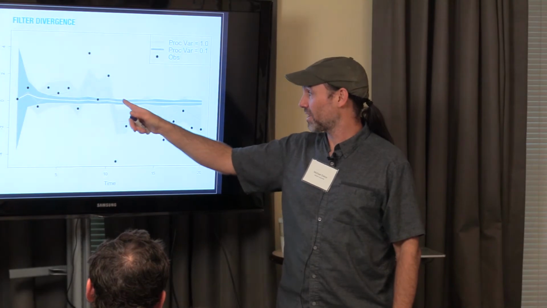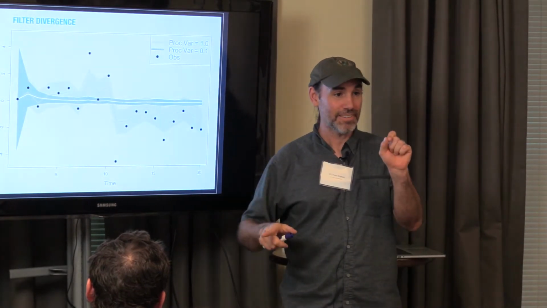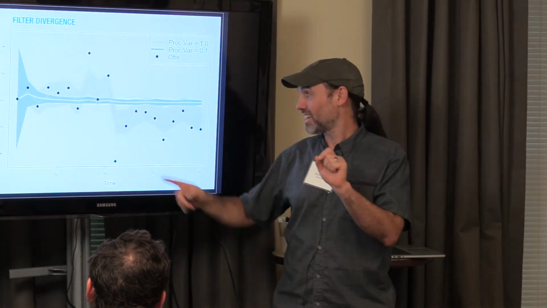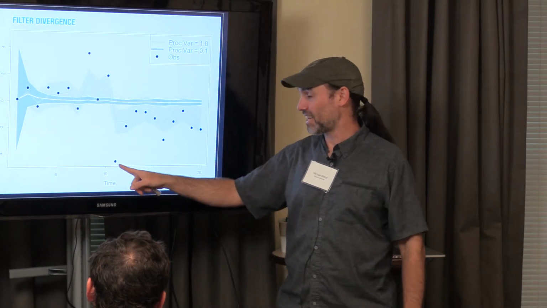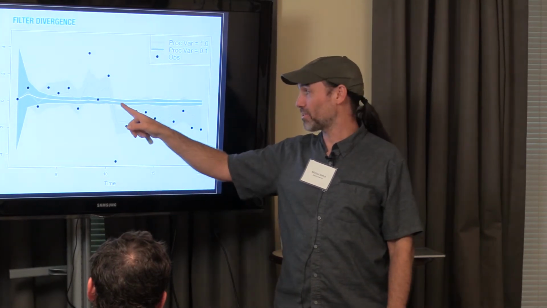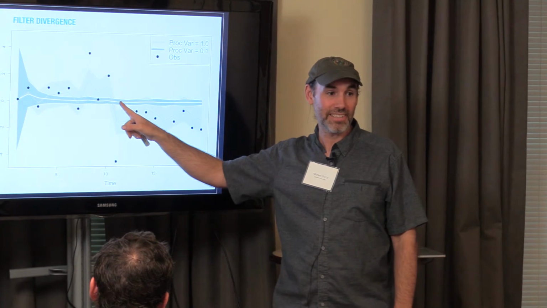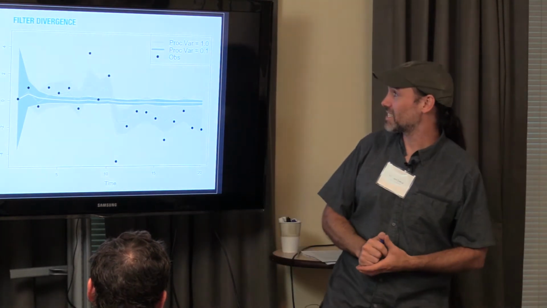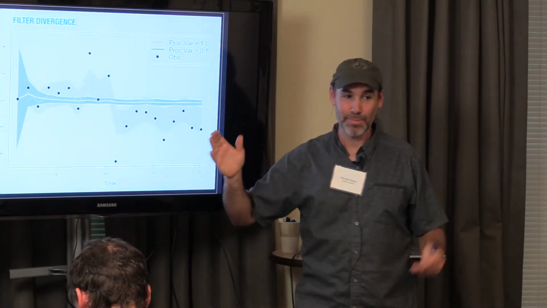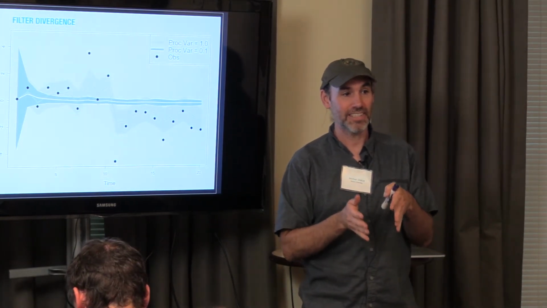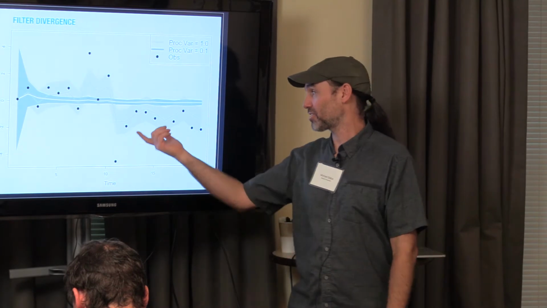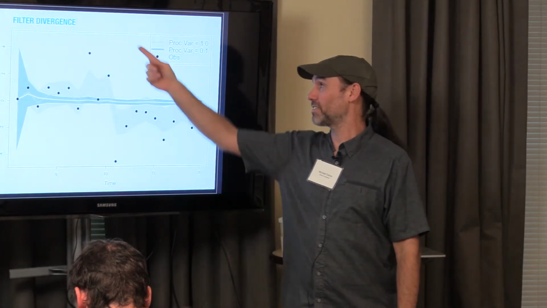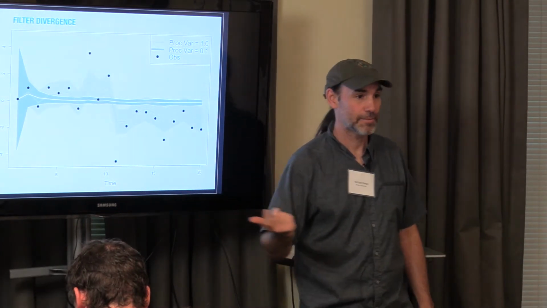The model says, I'm very confident in the model, because I gave it a lot of weight, because its uncertainty is small. Data has higher uncertainty than the model, so the model continues to get most of the weight. So filter divergence is essentially what happens when you become falsely overconfident in your model, causing the model to stop following, to diverge from reality.